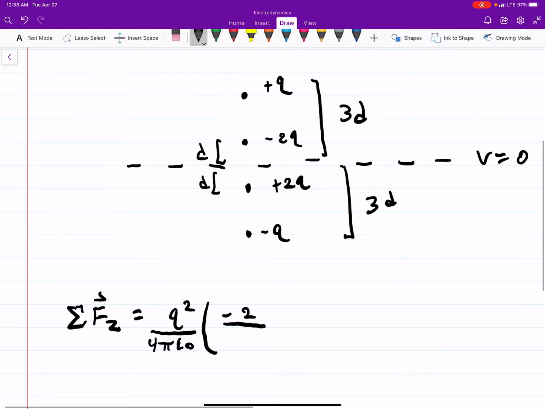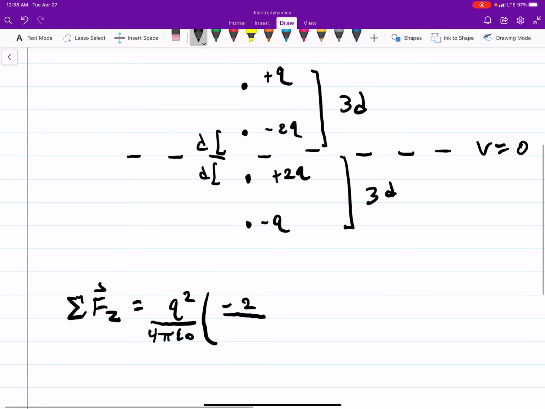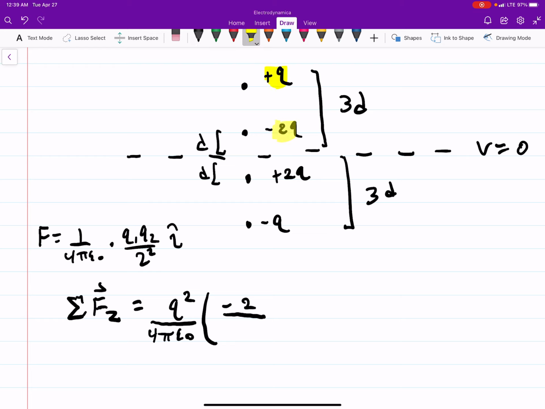And then the distance between those is 2D. But remember, for the Coulomb force, it's 1 over 4 pi epsilon naught, Q1 times Q2 over script R squared, R hat. So Q1 would have been this, Q2 would have been this, so that's where the minus 2 is coming from, and the distance between them is 2D, and 2D squared is 4D squared.